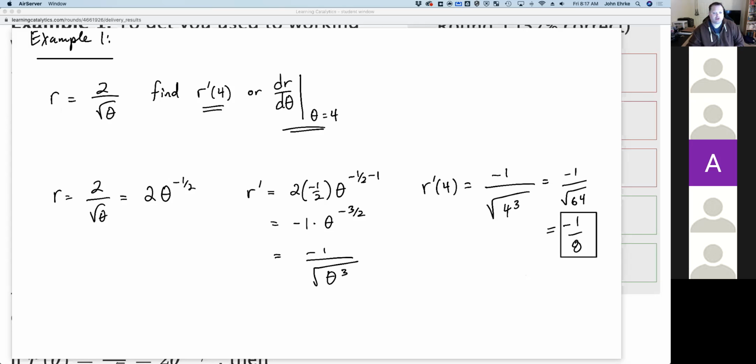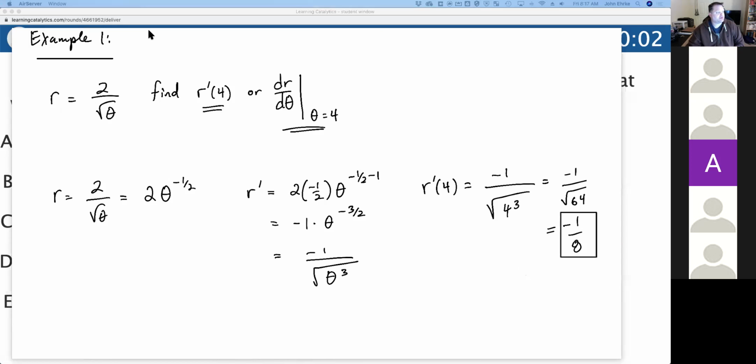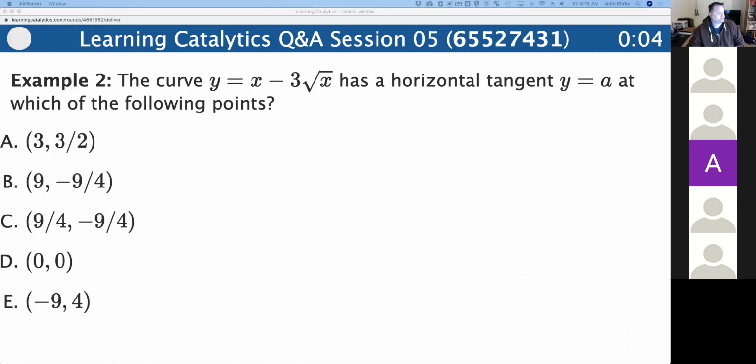All right, let's take a look at another one. These are just all applications of the derivative stuff that we've learned this week. So give this one a try.